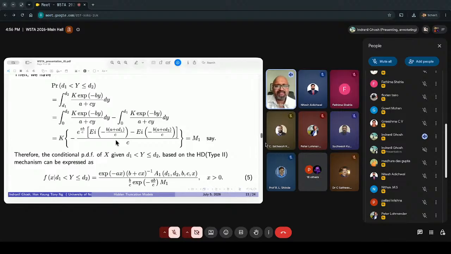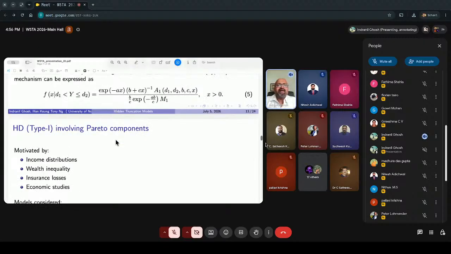So we had this math and everything, and then the hidden truncation HD type 2 for Arnold and Strauss bivariate exponential distribution would look like this. And again, if you see here, numerical integration is required for a solution. It's not a completely tractable expression. Okay.